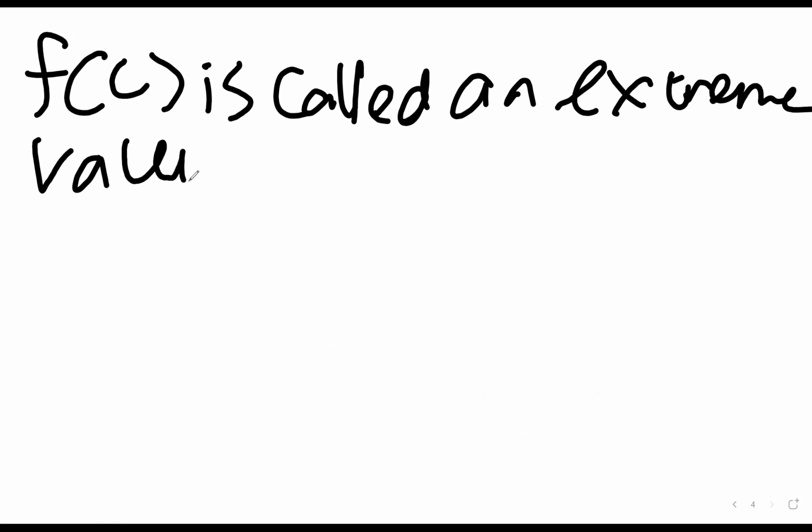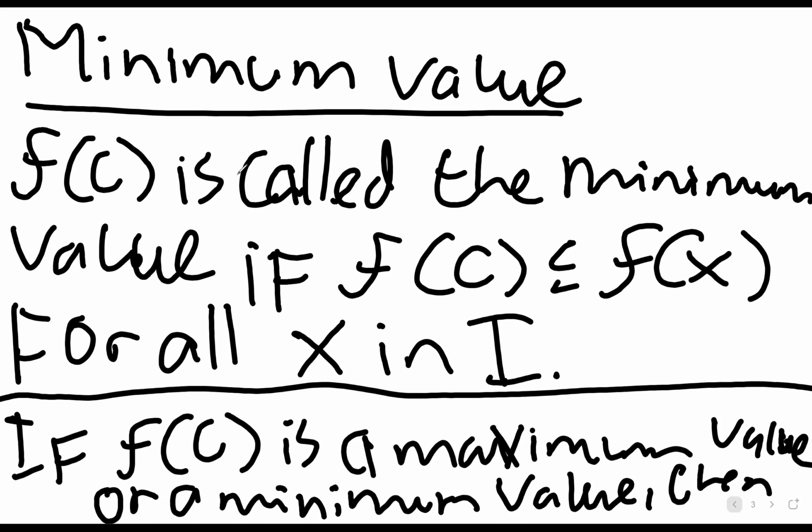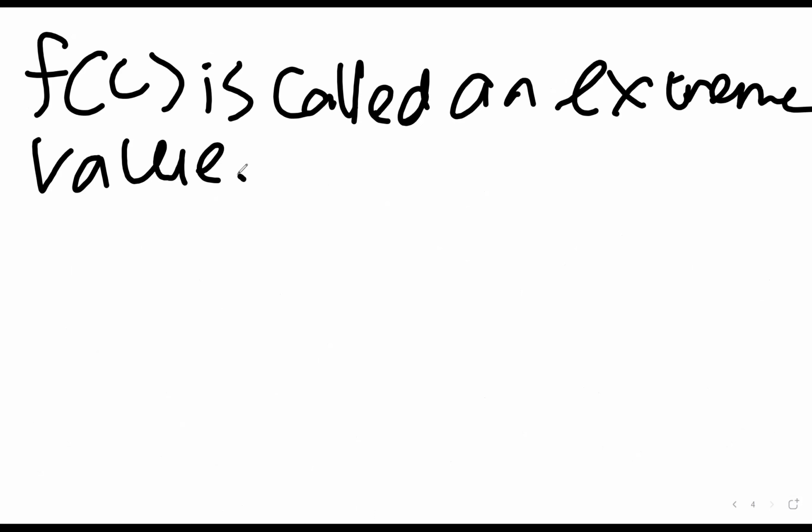So if f of c is either a maximum value or a minimum value, then we call f of c an extreme value. So the problem of finding the maxima and minima can be abbreviated as finding the extreme value or the extreme point. Let us take a look at the following example.